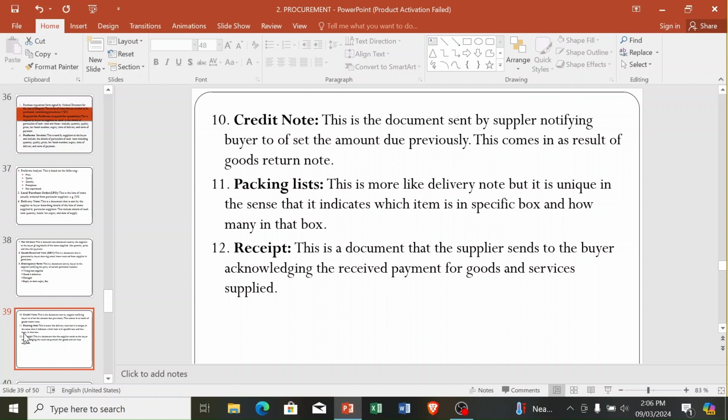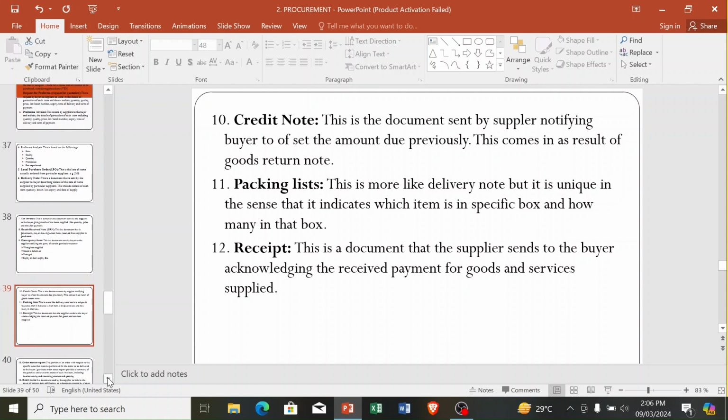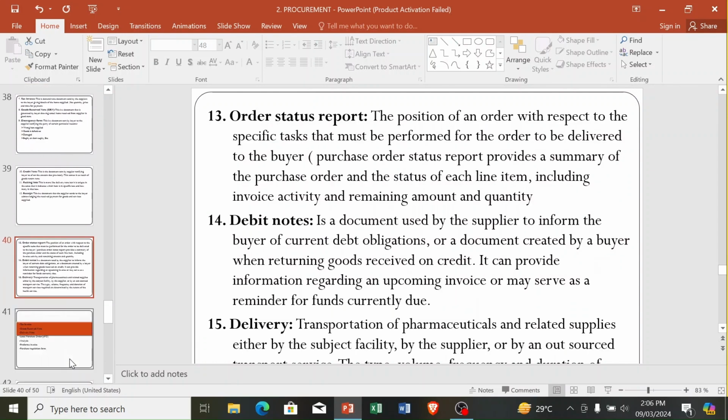We have the receipt. This is a document that the supplier sends to the buyer acknowledging the received payment for goods and services supplied. That is what we call a receipt.